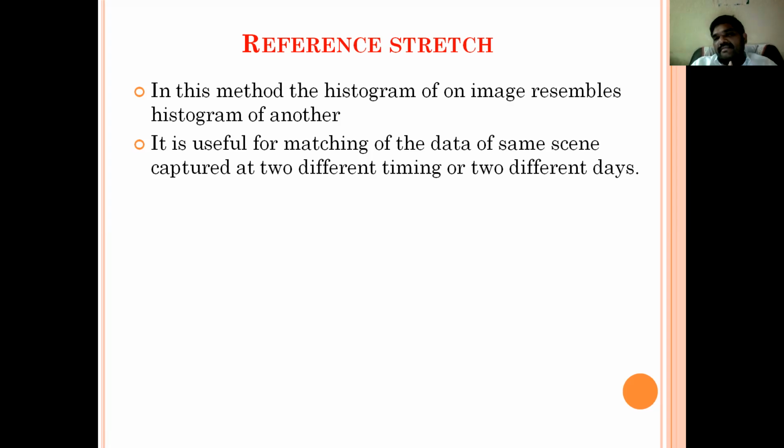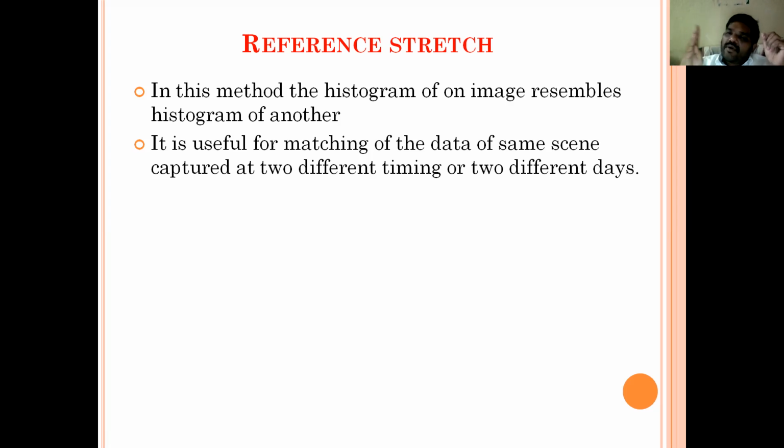How? Simply, one image is compared with the histogram of the other image, which was taken earlier at a different timing than this. Understand?